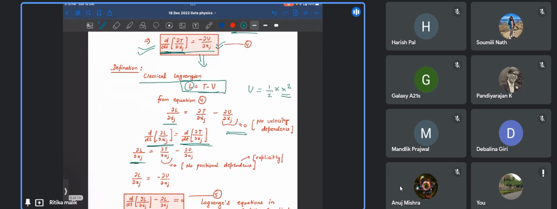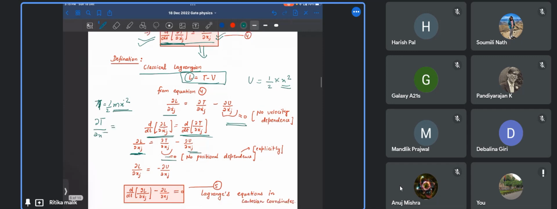And similarly, if you differentiate with respect to x your kinetic energy, which is 1 by 2 m x dot squared, this does not have any x factor here. So this quantity, del T by del x, will become zero, and only the potential energy will remain.